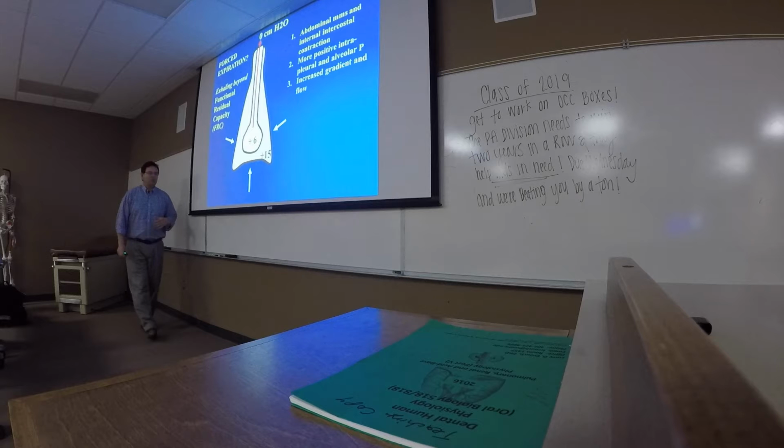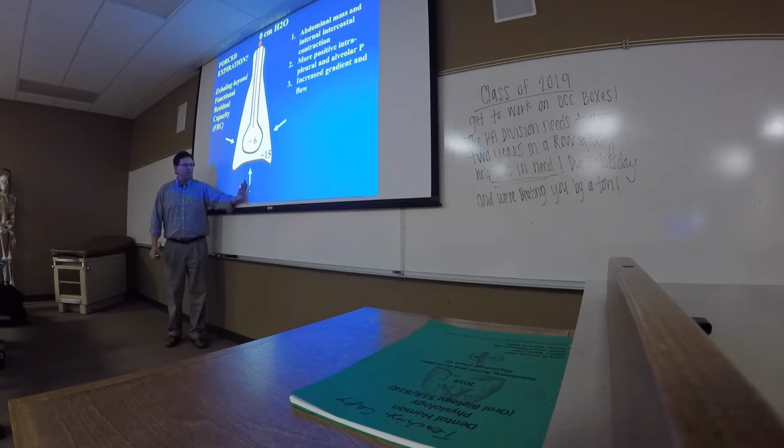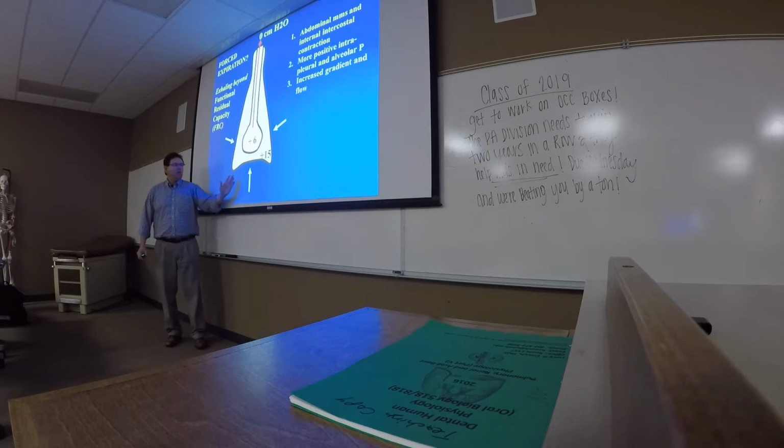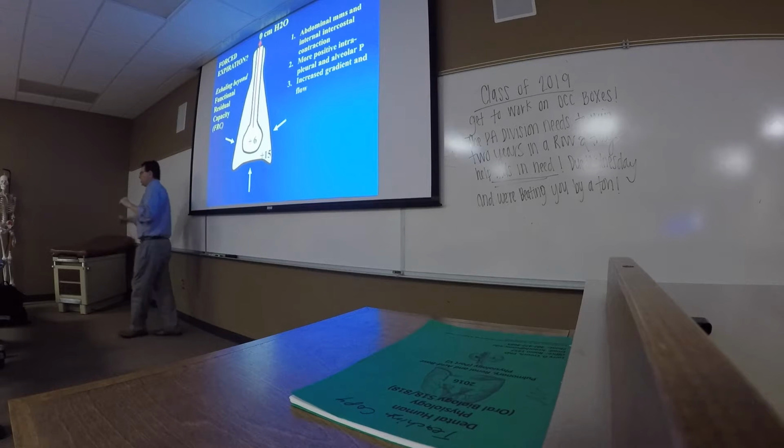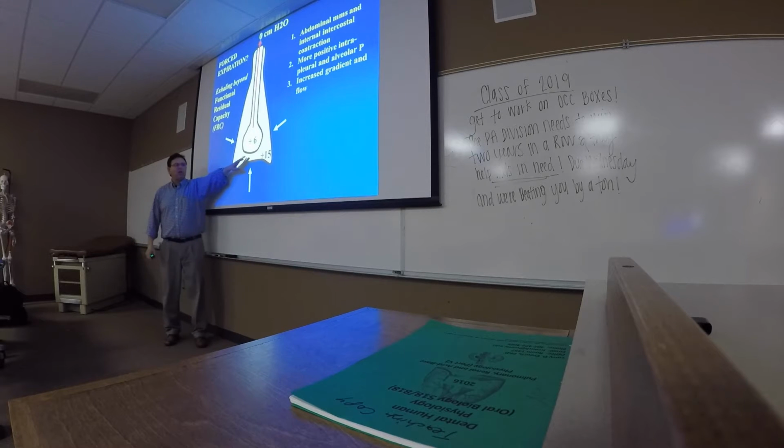So your abdominal muscles are contracting. That is increasing the abdominal cavity pressure. Passively, that diaphragm is relaxed, but that's driving the diaphragm upward, and the contraction of your internal intercostals is causing your chest wall to go inward and downward. Both of those are decreasing thoracic cavity volume.